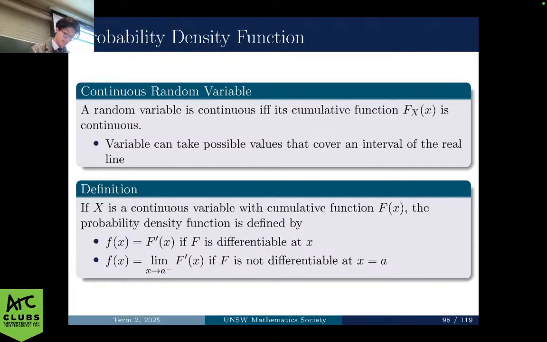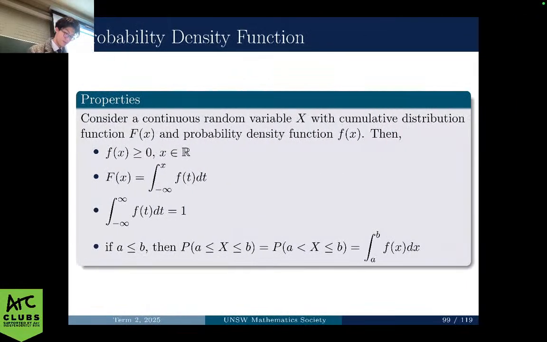And so if I have X being a continuous variable with cumulative distribution function F(x), then the probability density function is F', the derivative of the cumulative distribution function. And we know that our probability density function has to be greater than or equal to 0, because for it to be a valid probability distribution, all the probabilities must be greater than or equal to 0.